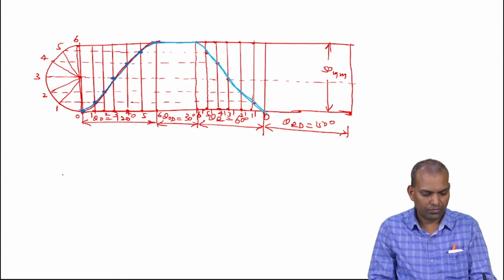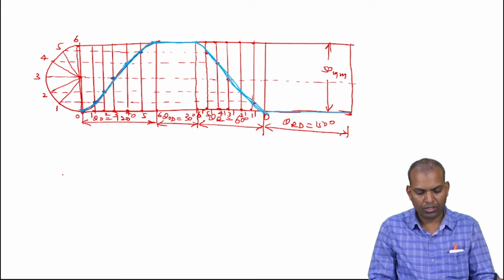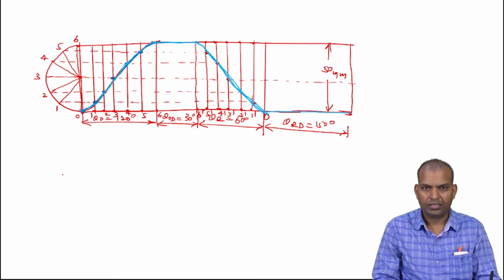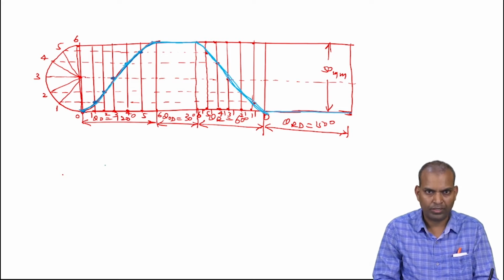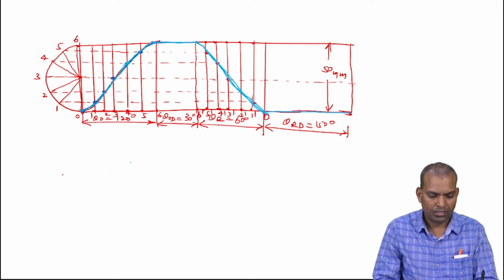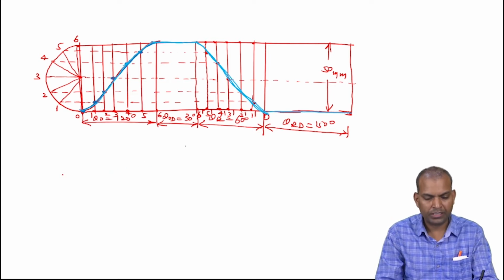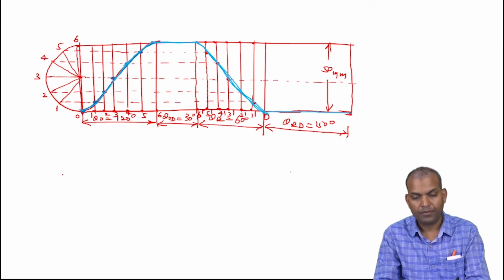So this curve is known as the simple harmonic curve of a roller follower having simple harmonic motion. The outstroke is 120 degrees, dwell during outstroke is 30 degrees, and return stroke is 60 degrees.